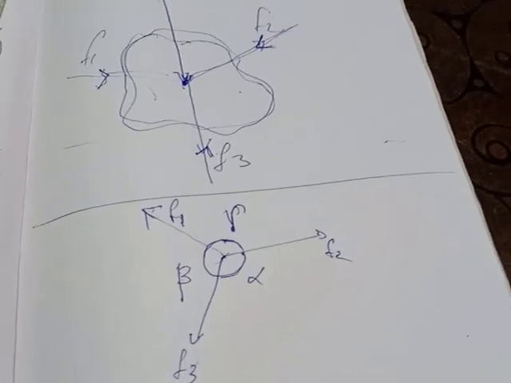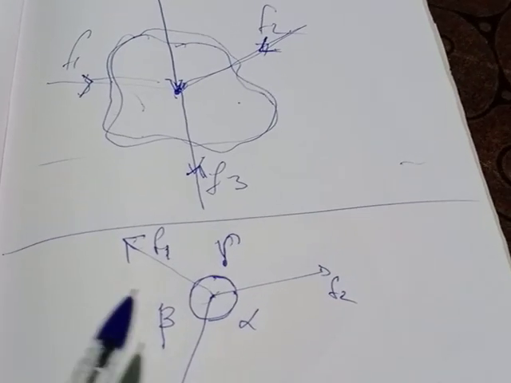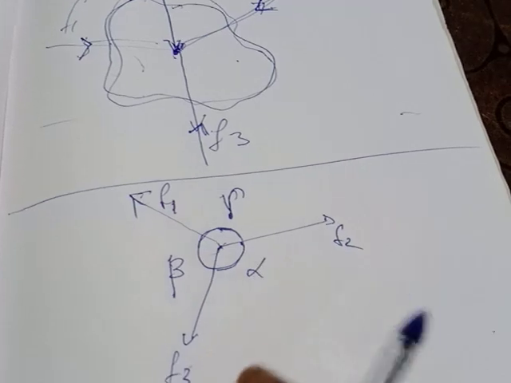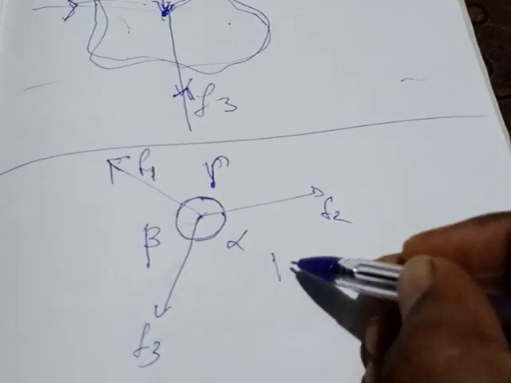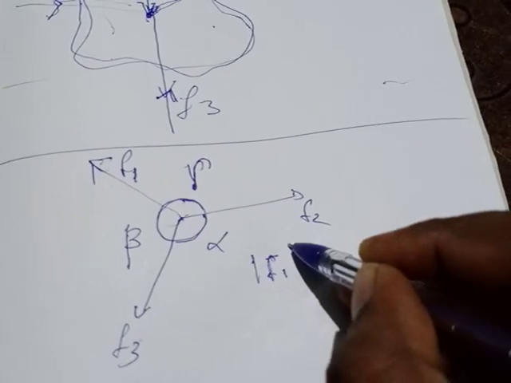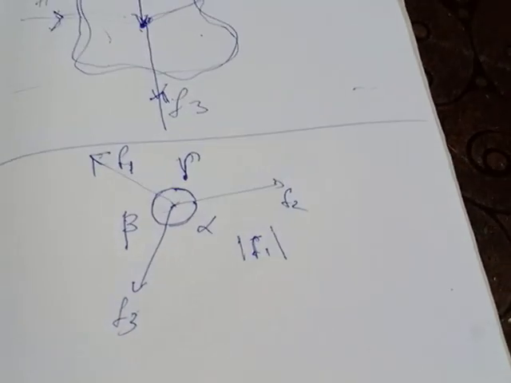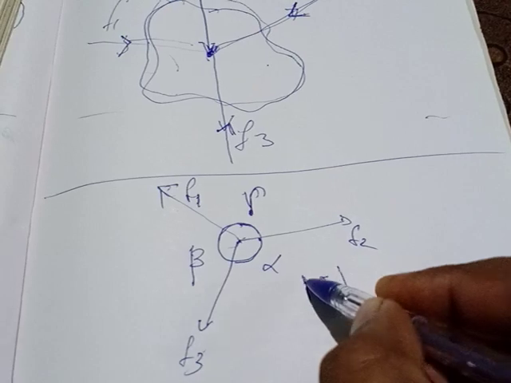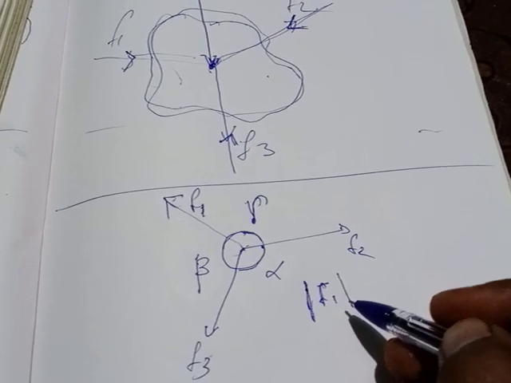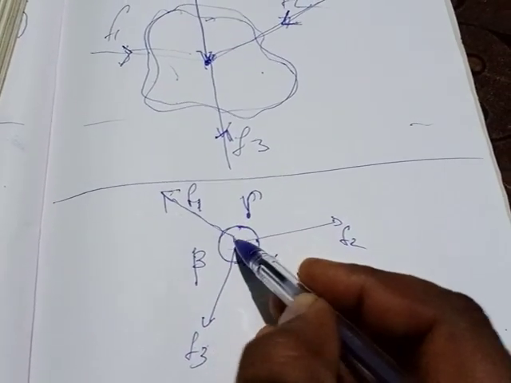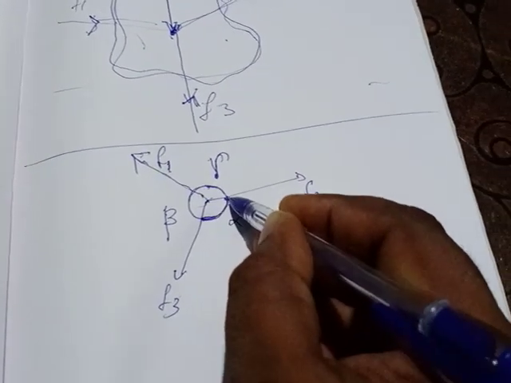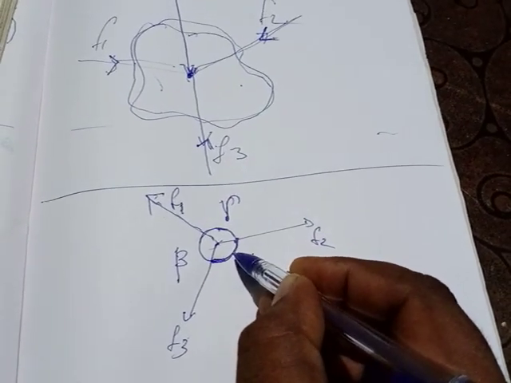Now what does Lami's theorem mean? The magnitude of each force, here F1 is a force, F2 is a force, so the magnitude of each force of the system is proportional to the sine of the angle between the other two forces.